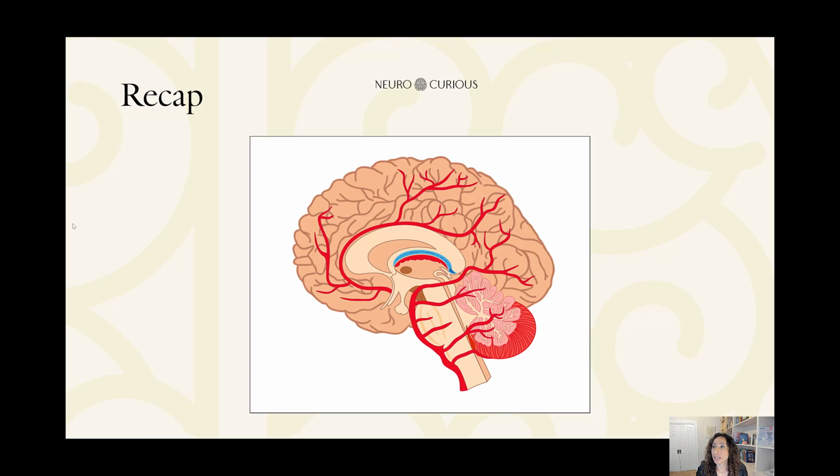Now let's bring it all together. Here's the brain's vascular system. So if a blood vessel here is obstructed, that means that blood carrying oxygen cannot get to the tissues that it feeds. So blood and oxygen can't go downstream. In our example, this area in particular corresponds to the motor neurons that control the opposite side arm.